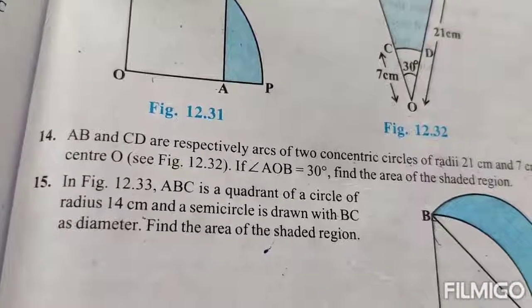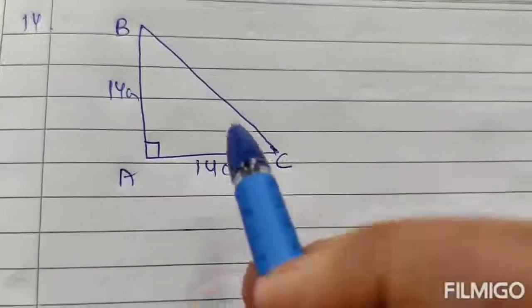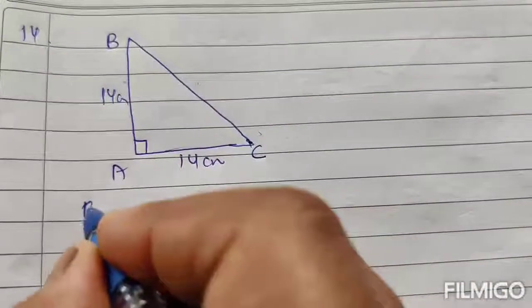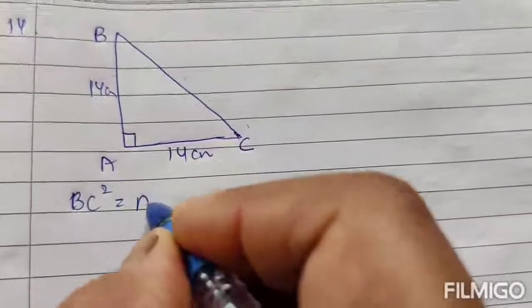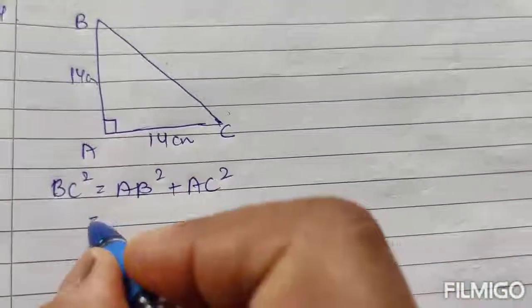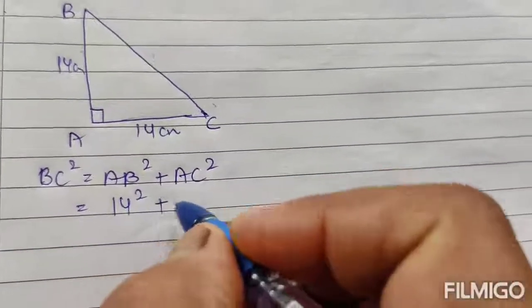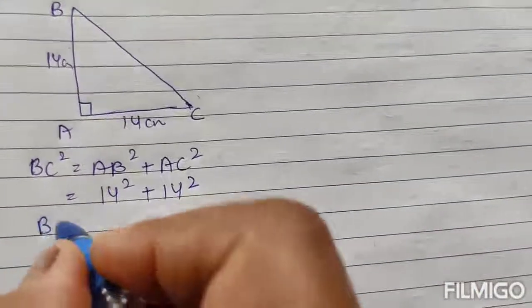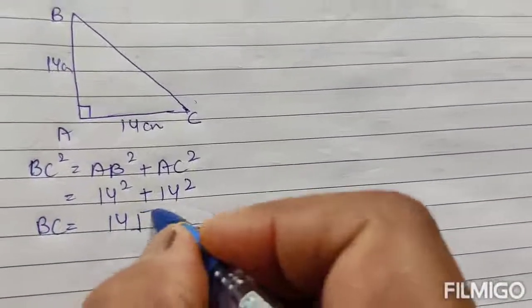Okay. This is a triangle, 14 and 14. Find the hypotenuse BC. BC square equal to AB square plus AC square. 14 square plus 14 square. It means 2 into 14 square. The BC equal to 14 root 2.